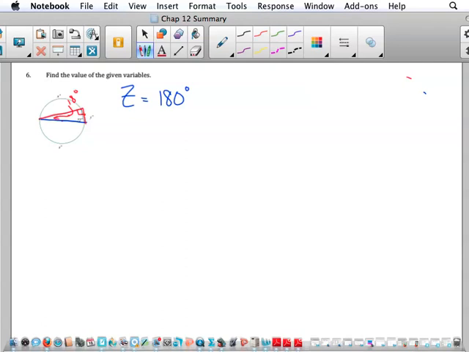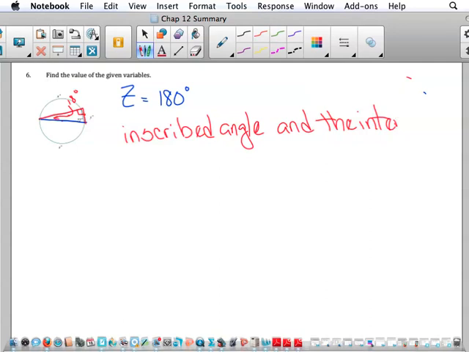Remember the relationship between the inscribed angle and its intercepted arc: the angle is half the arc measure, so therefore y is twice the inscribed angle, making it 36 degrees.